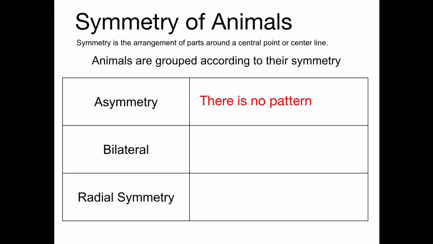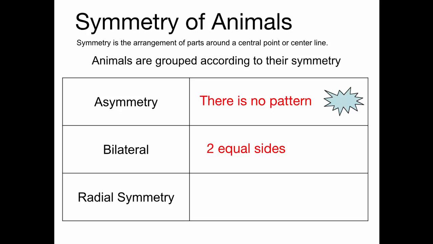Other organisms have bilateral symmetry. What does the prefix bi mean? Two. Lateral? Sides. Yes, like sides. So bilateral means two sides. It means you have things organized around one central line. We have two sides that are approximately equal to each other. That's like us, right?